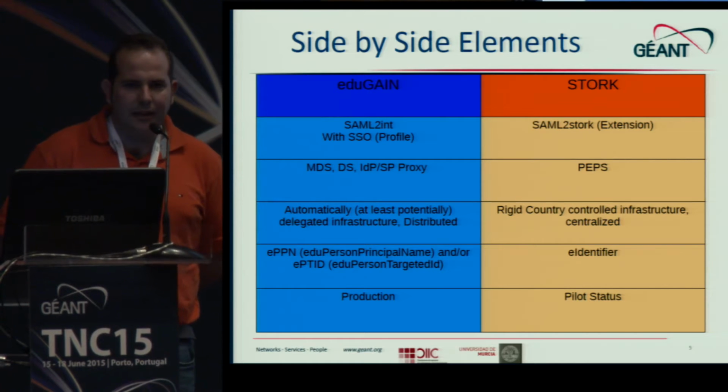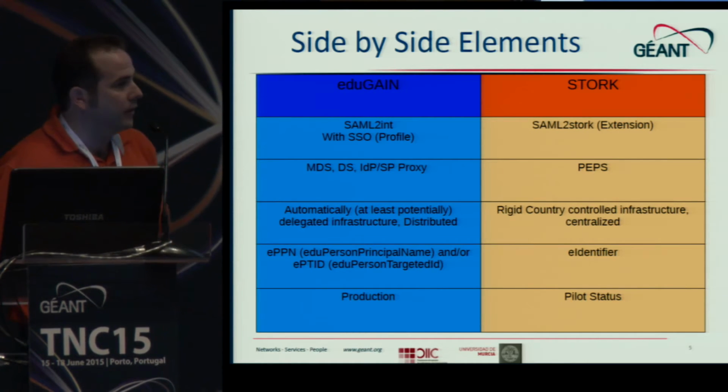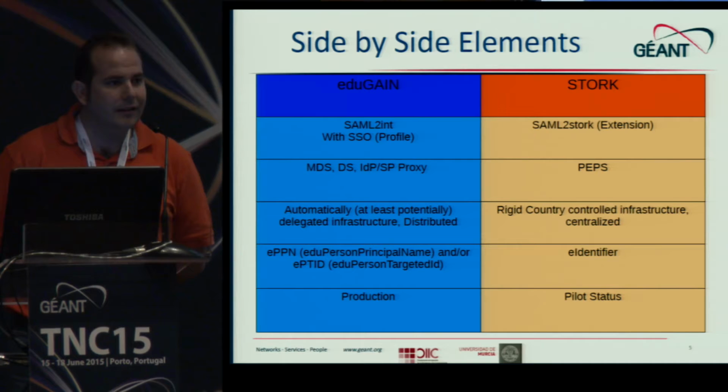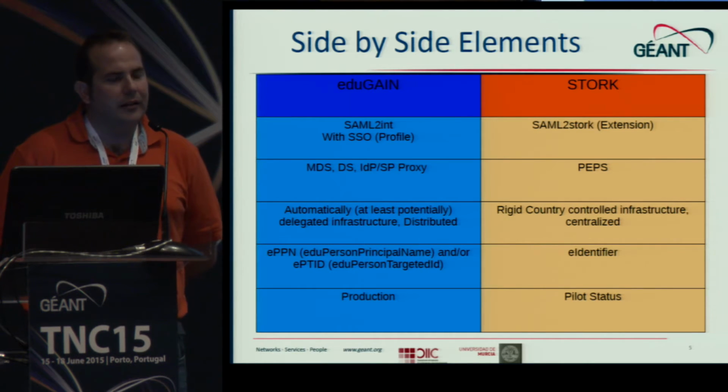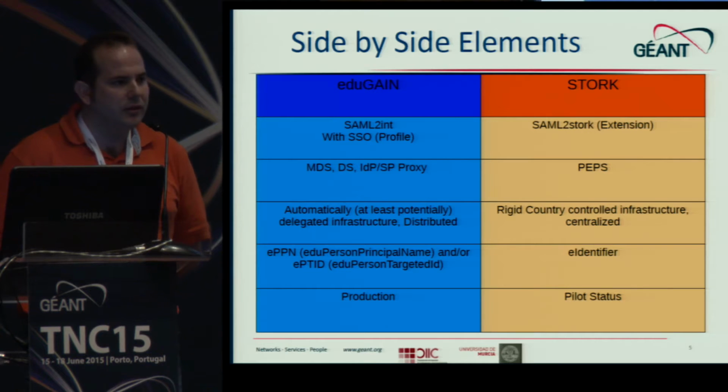Also, STORK doesn't have single sign-on because, as David said, consent is very important. In this case, the STORK people thought that the user should give consent each time he wants to access a service. So each time a service wants to get information from the user, he has to consent to give it, right?